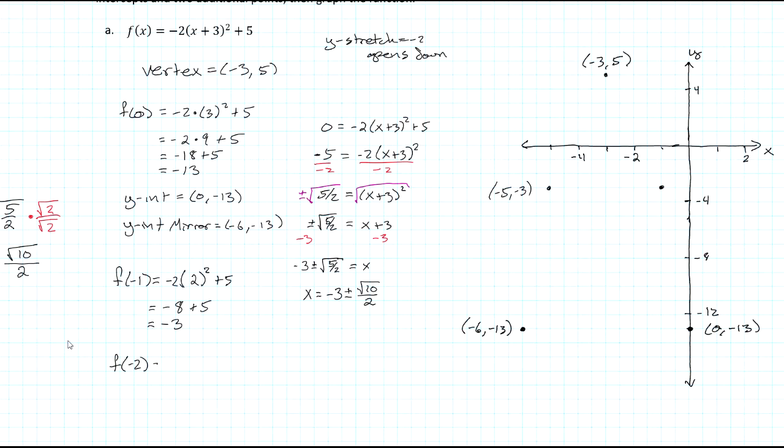I haven't plugged in -2 yet, so I'll get -2 times -2 plus 3 from the equation is a 1 squared, and then we'll do plus 5. So it'll be -2 plus 5 is positive 3. So that's going to give us this point, -2, positive 3, and it's going to have a mirror point at -4, positive 3.